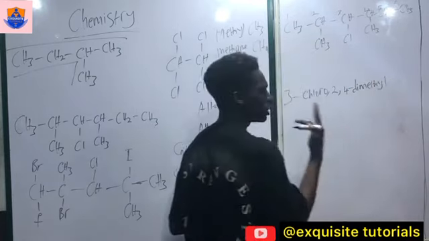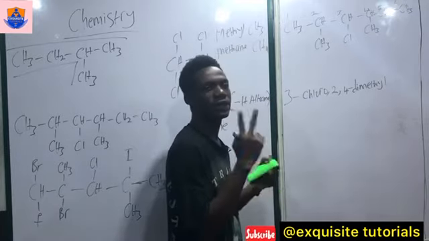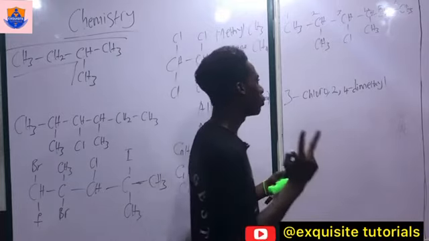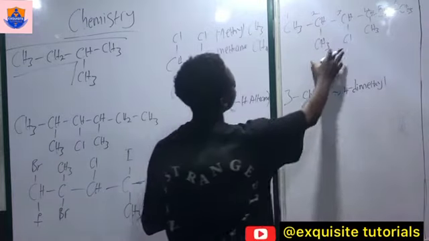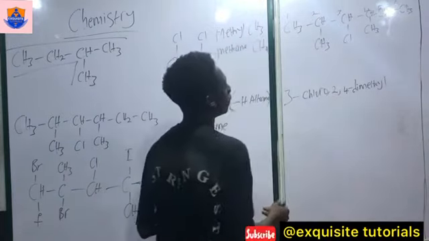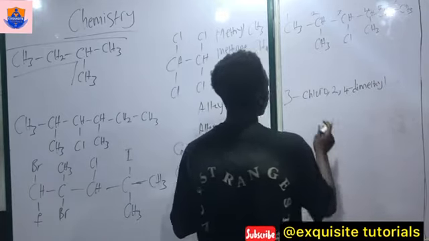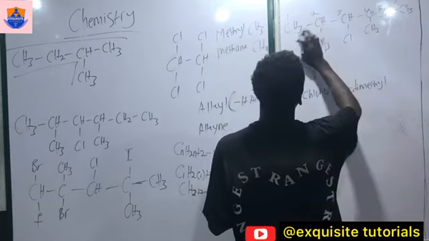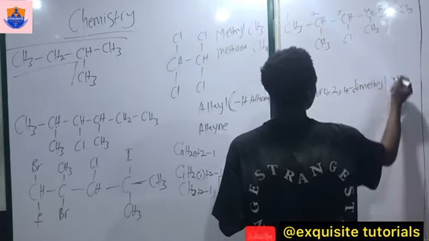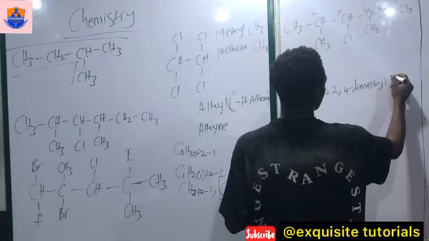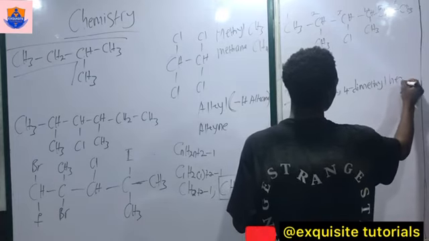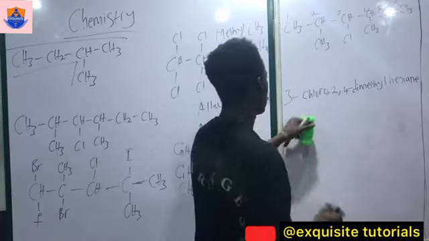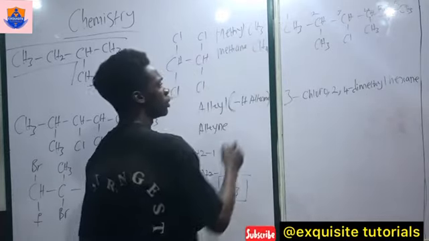Why is it di? Because it occurs twice, double. If there were three methyls, it would be tri. So we have 3-chloro, 2,4-dimethyl, and 1, 2, 3, 4, 5, 6 is hexane. Alright, this should be the name of this compound.